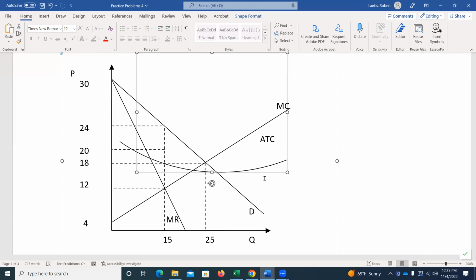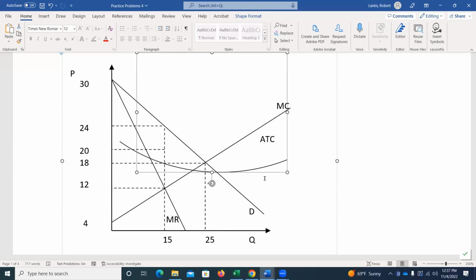And then how would I find producer surplus? It's the difference between the price they charge, which is basically the demand curve now, and their marginal cost. It would be that entire triangle. So we did that here: 30 to 4 would be the height, 25 to 0, and then times 1/2.